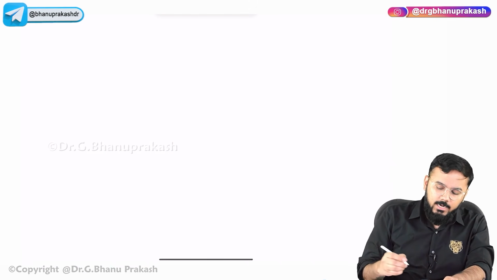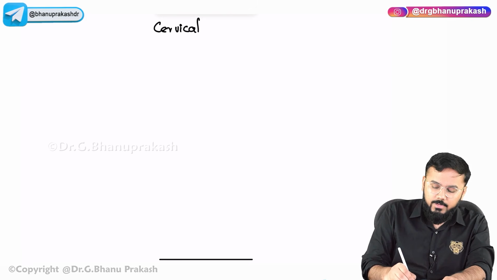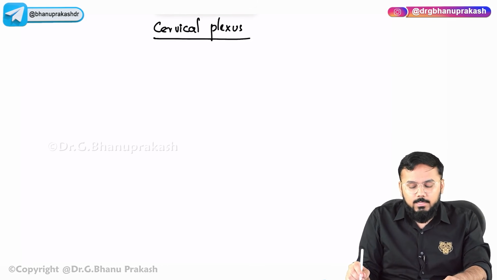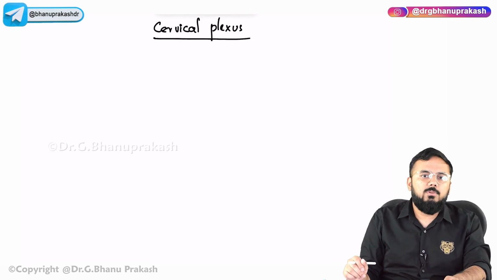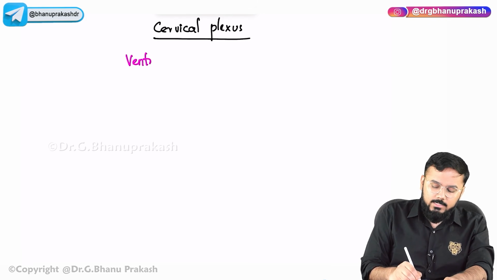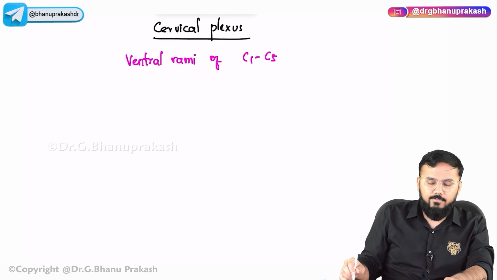Now we shall be discussing the cervical plexus. While discussing the cervical plexus, you should know that it starts from the ventral rami of spinal segments C1 to C5.